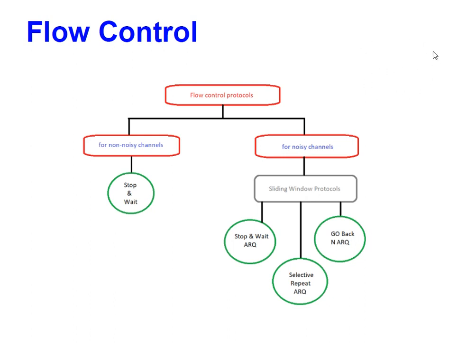Maybe the receiver is not fast enough to process the frames being sent from the sender to the next upper layer, which is the network layer, or to other devices or nodes. Or there may be a case that memory is not large enough to store it.